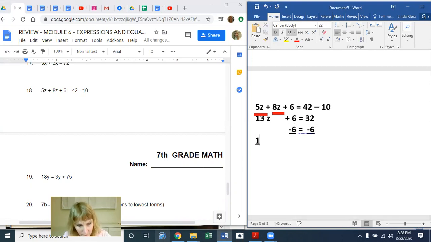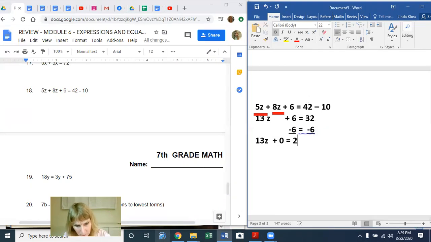And now I have 13z plus 0, I want to underline that, equals, now I have 32 minus 6. What's 32 minus 6? 31, 30, 29, 28, 27, 26.